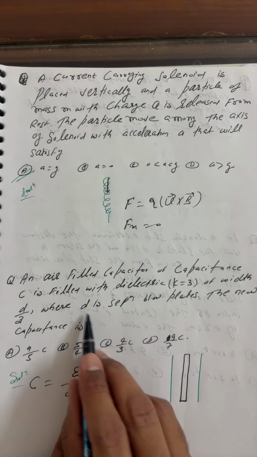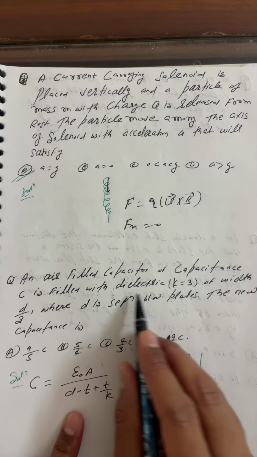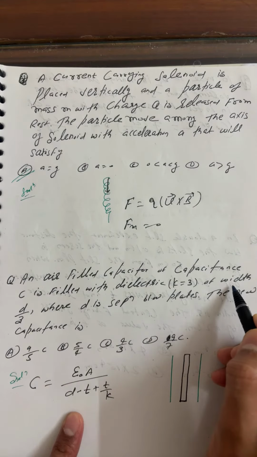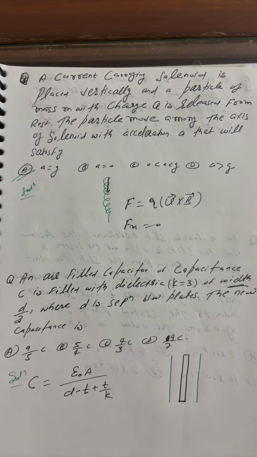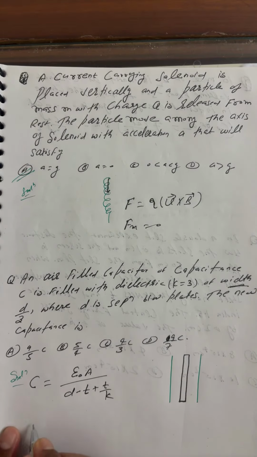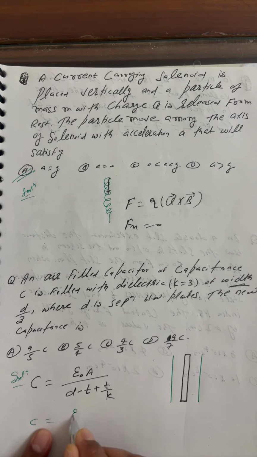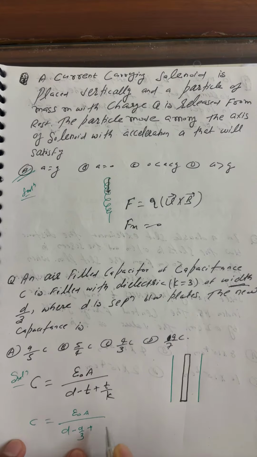T is the thickness, directly the width, which is D by 3. So C is equal to epsilon naught into A by D minus D by 3 plus D by 3.